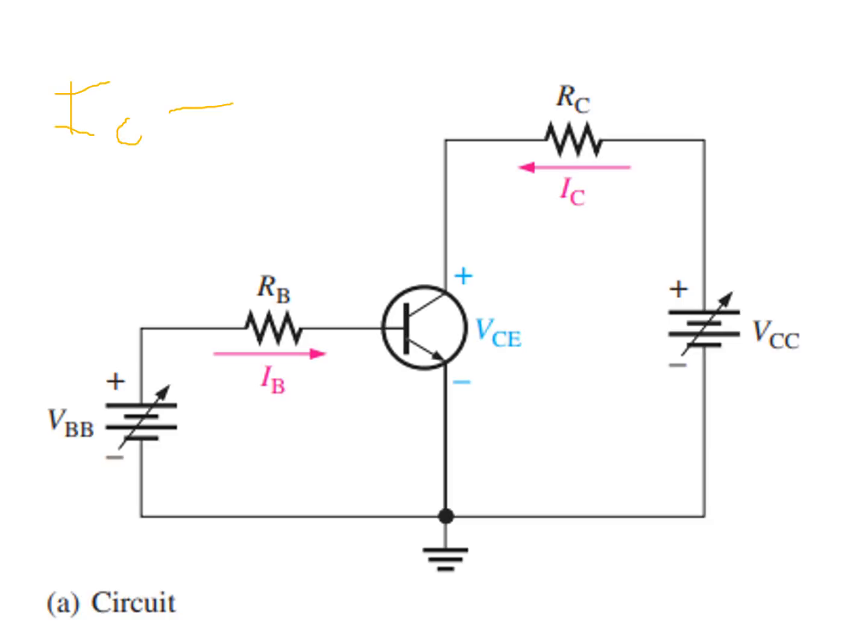So that's how we show the collector characteristic curve, by using IC, VCE, and IB.